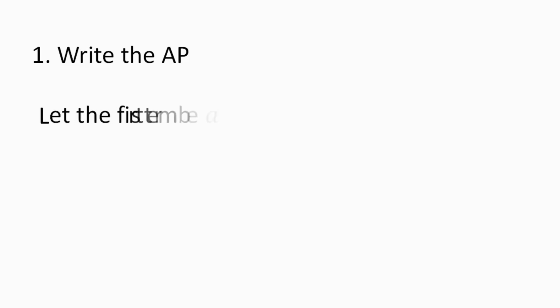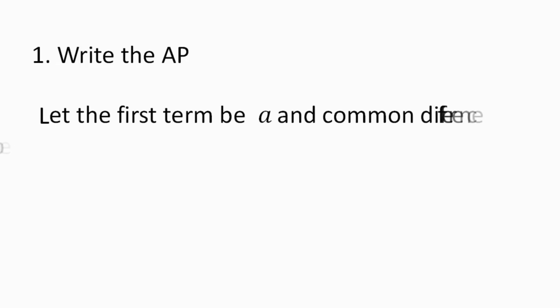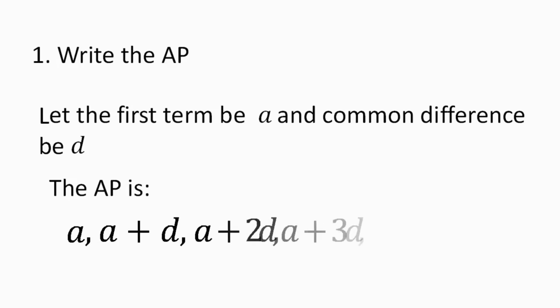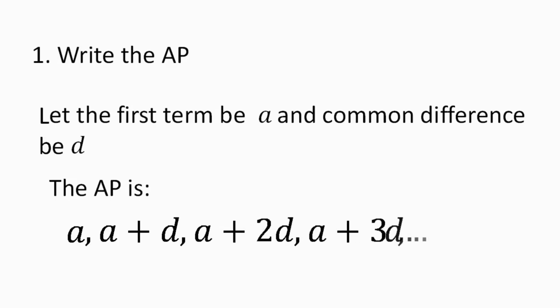So first write the arithmetic progression in terms of the first term and common difference. So let the first term be a and the common difference be d. Then the arithmetic progression can be written as a, a + d, a + 2d, a + 3d, and so on.